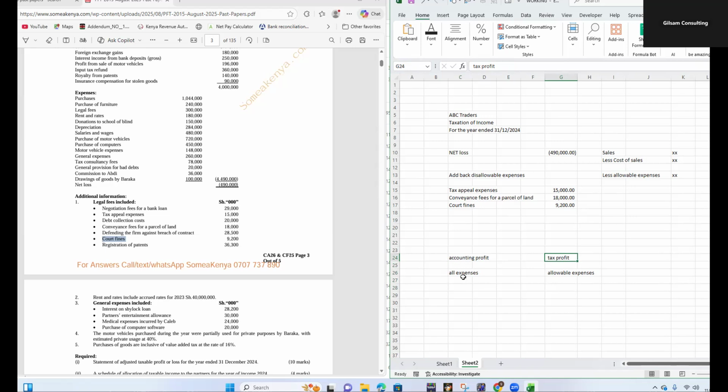So we will disallow your depreciation and give you the one with a standard rate. We add back whatever you claimed and deduct what you're supposed to claim. So in short, we are adjusting this profit.